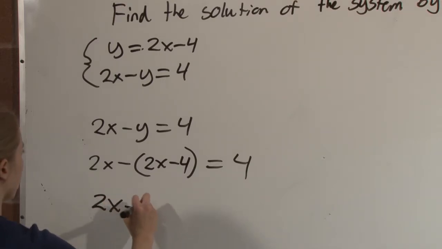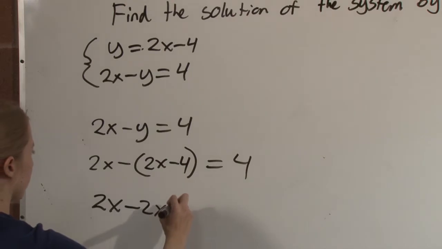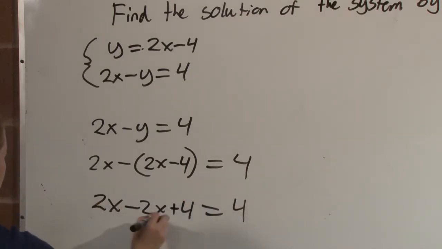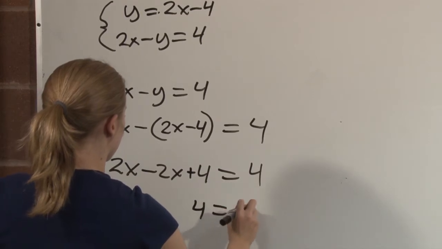I get 2x minus 2x, and then negative 1 times negative 4, positive 4. So these are going to subtract out to 0, so I'm just going to be left with 4 equals 4.